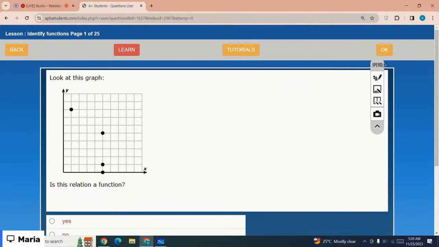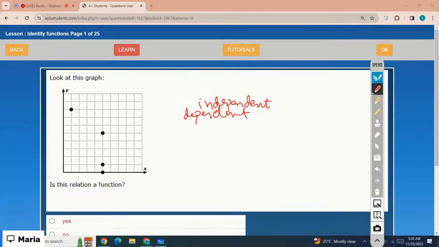Why? Just look at these 3 points. You can see for only one value of x, there is one, two, three, four. x has the value of 5. You have three values of y. One, two, three, right? For only one value of x, there are three values of y, right?